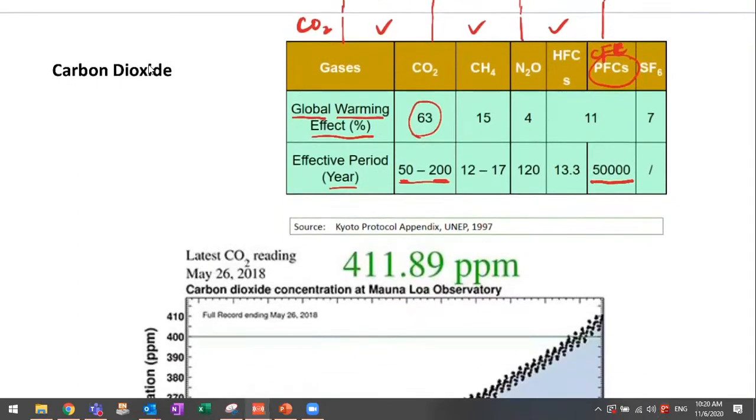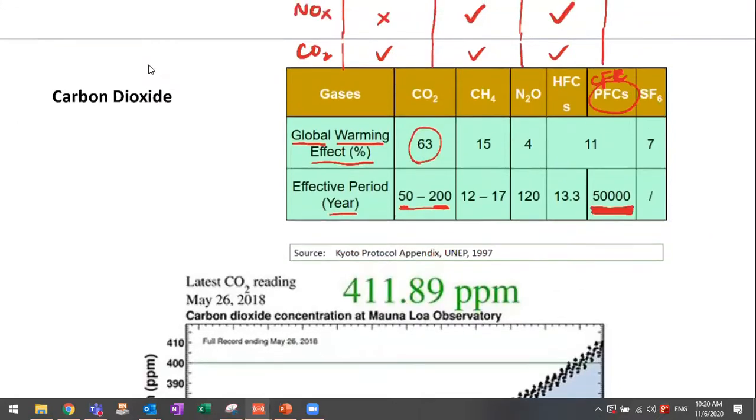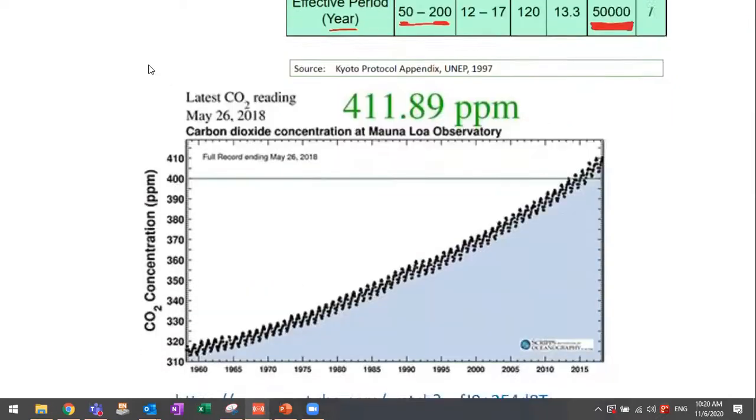So that's why it's going to take a very long time for us to get rid of the effect from these PFCs or CFCs in terms of their global warming effect, okay? But by comparing all of these gas species, you can still see carbon dioxide is a key factor. And we have direct control of the carbon dioxide, which is coming out of fossil fuel combustion.